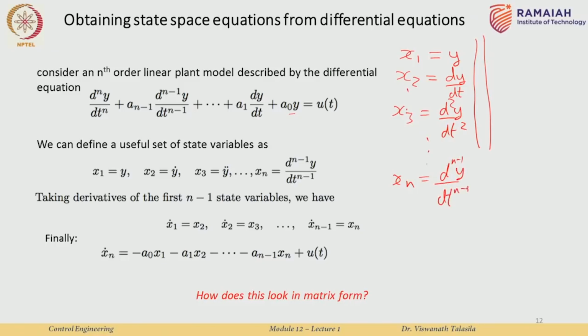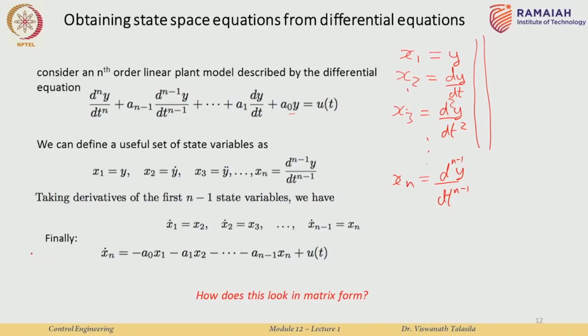So, this is exactly the same as the mass spring damper example where we had written x1 was equal to x and x2 was equal to dx by dt, exactly the same as that, except I have got n states over here. So, I have got a slightly longer looking expression, but it is exactly the same.